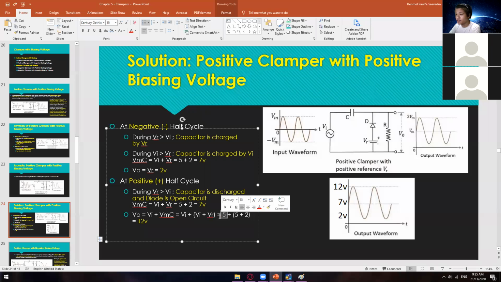V sub I is 5 volts, and then another 5 volts for V sub I, and then 2 volts for V sub R. So 5 plus 5 plus 2 is equal to 12 volts. Okay, so during the negative, we have 2 volts, and then during the positive, we have 12 volts. All right, so 2 volts, 7 volts, and then 12 volts.